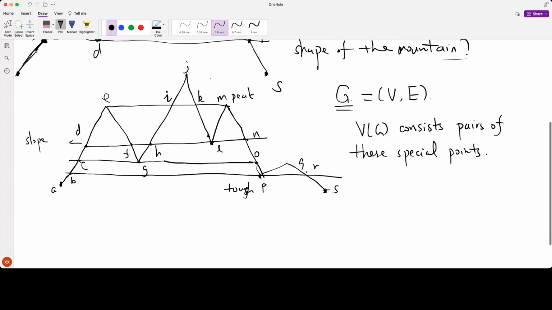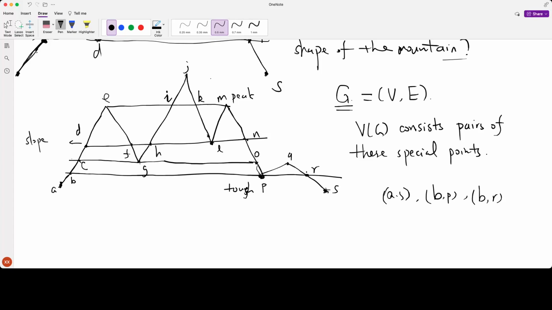For example, AS is one vertex here, so it belongs to V of G. And another one, for example, BP, any pair, BP. Or I can put BR. So here, this is Q, and this is R.